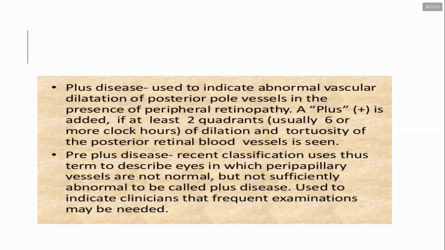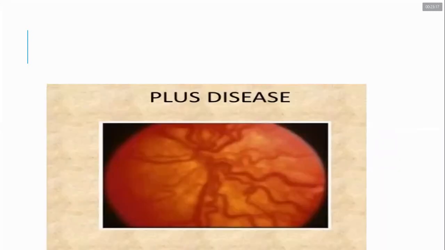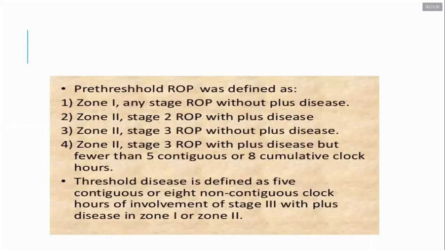And pre-plus disease is a recent classification used to describe the eyes in which the peripapillary vessels are not normal but not sufficiently abnormal to be called plus disease. It indicates to clinicians that frequent examinations may be needed. So this is plus disease where you can see the dilatation and tortuosity of the vessels, that is the disc and other vessels you can see.